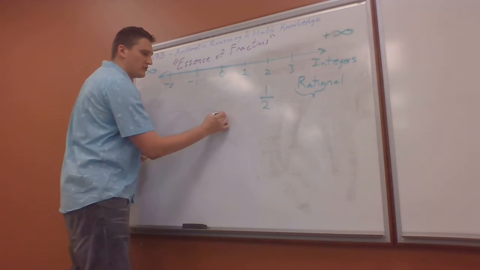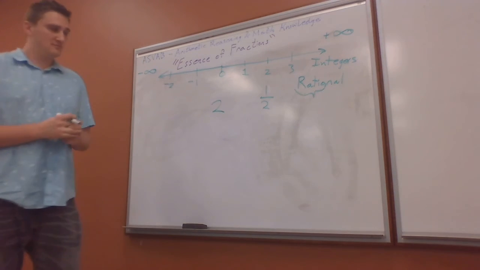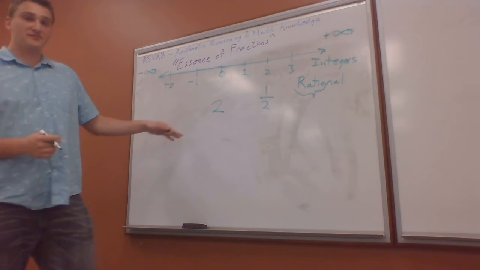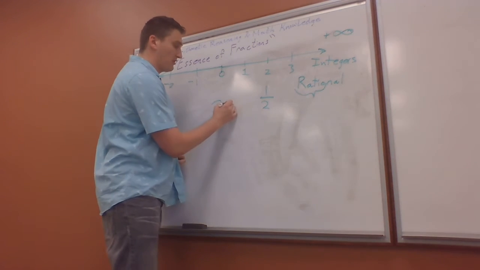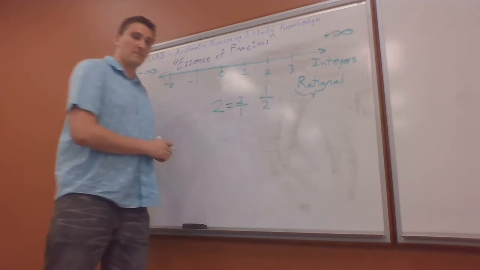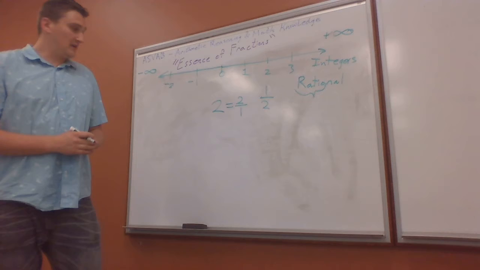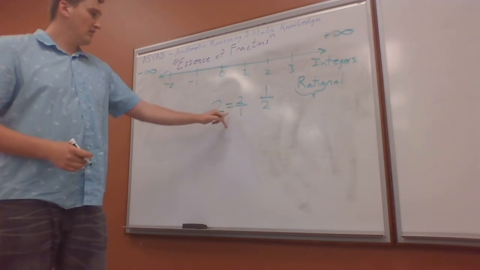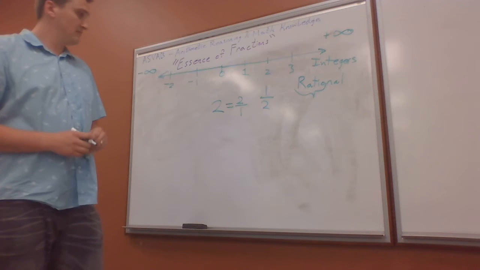But what about the number 2? Is the number 2 rational? Well, it is, because I can represent that as a fraction or ratio. I can represent 2 as 2 over 1. You can check this on a calculator. If you go 2 divided by 1, you will get, in fact, 2. Both of these sides are equal.